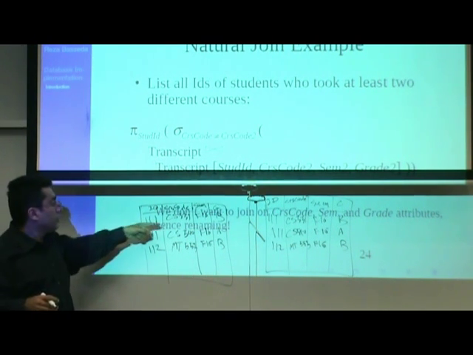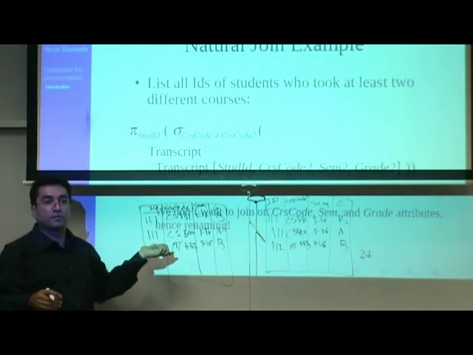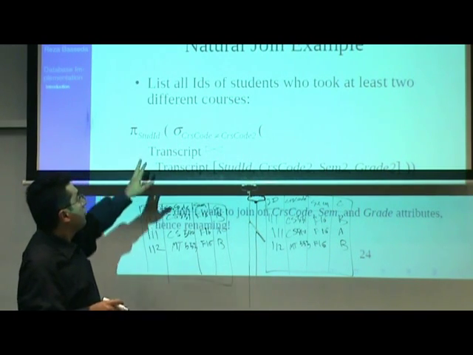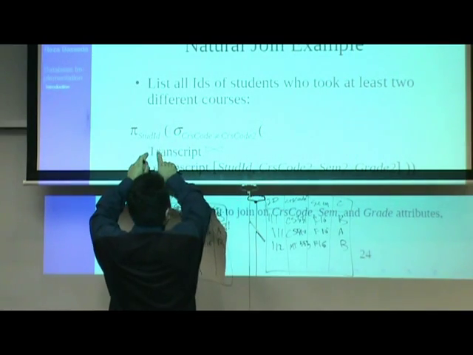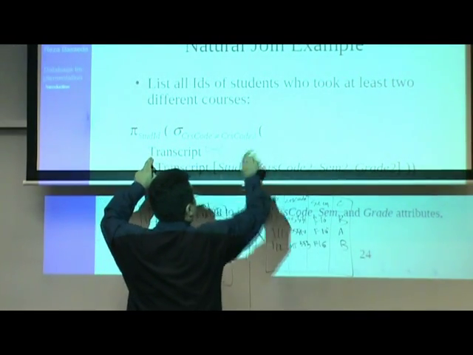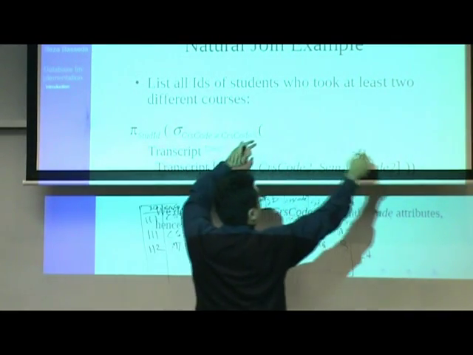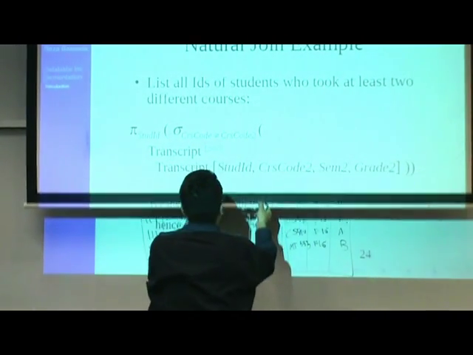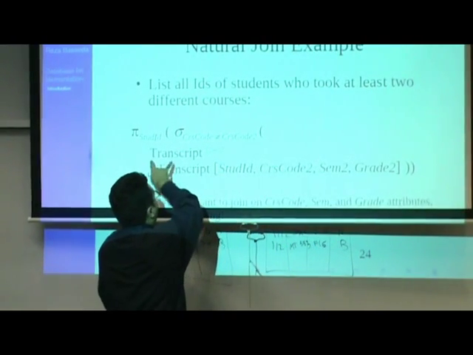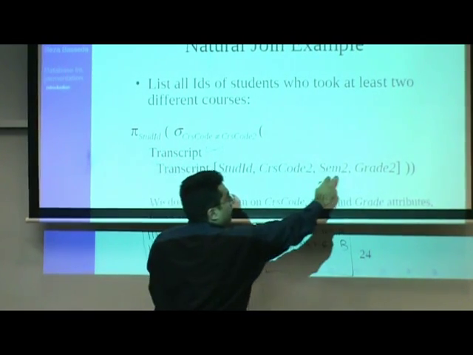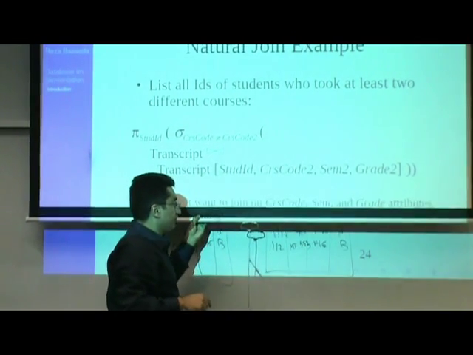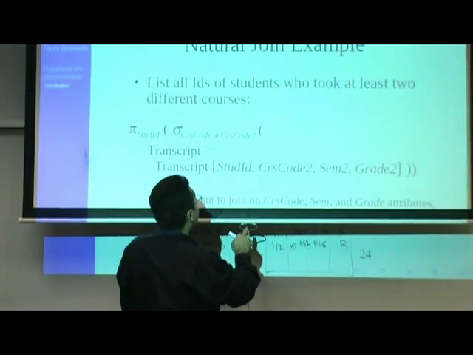This guy took 2 different courses. Now I want to show you the result of this natural join, the inner side. You have a transcript table natural joined with the transcript table where 3 of the columns are renamed.